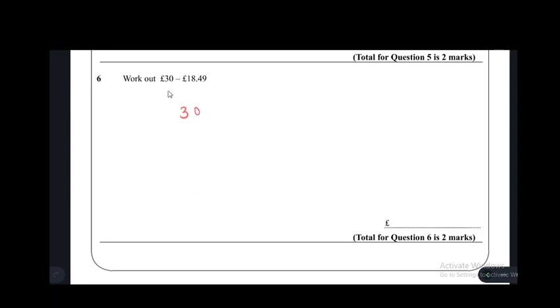If it is 30 pounds, that means it's 30 pounds and 00 pence. Then here we'll have 18 pounds and 49 pence.